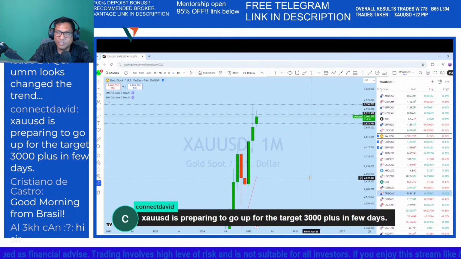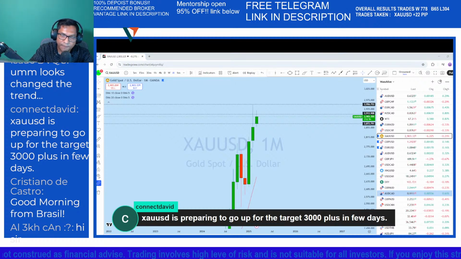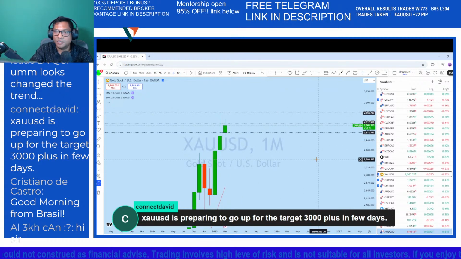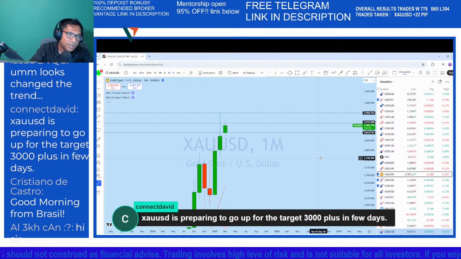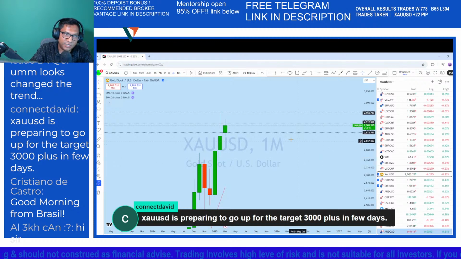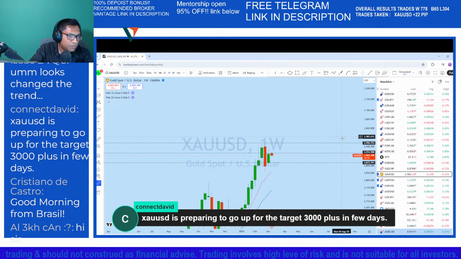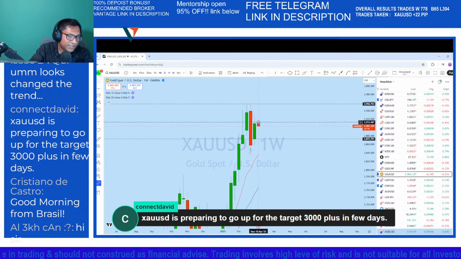But as I mentioned, trading with the trend is always the most probable to happen. So the probability to go up is much higher than the probability to drop, but just a probability. So the upward bias is much more than the downward. But at the moment from the weekly, we might see another narrow weekly candle sideways and then a bounce.